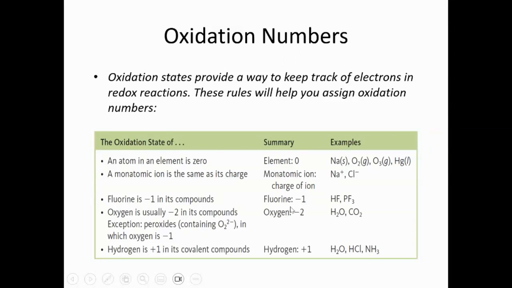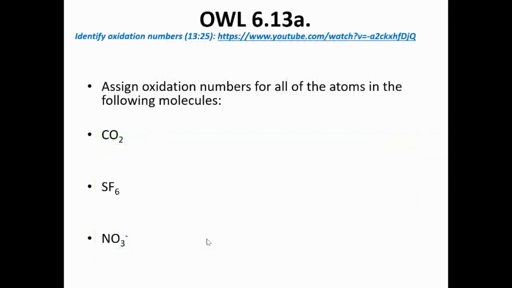Fluoride almost always has an oxidation number of -1. Oxygen almost always has an oxidation number of -2, even in water or carbon dioxide. And hydrogen almost always has an oxidation number of +1. So using these rules of thumb, we can then figure out the oxidation numbers of other elements in our compounds.